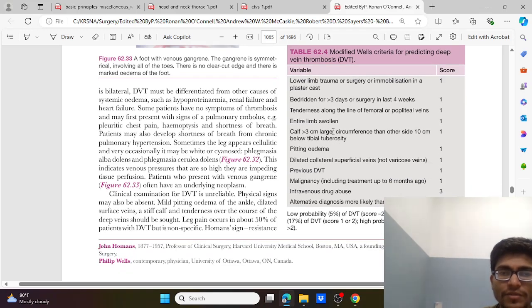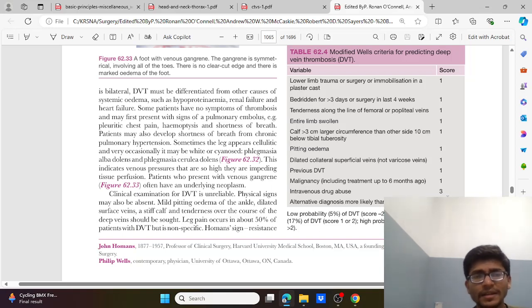Pitting edema adds a point. Dilated collateral superficial veins add 1 point, and this is not a varicose vein. Then previous history of DVT, malignancy, including treatment up to 6 months ago. Then IV drug abuse adds more points, 3 points; the rest are all 1 point. If an alternative diagnosis other than DVT is more likely, it will add minus 2 points.